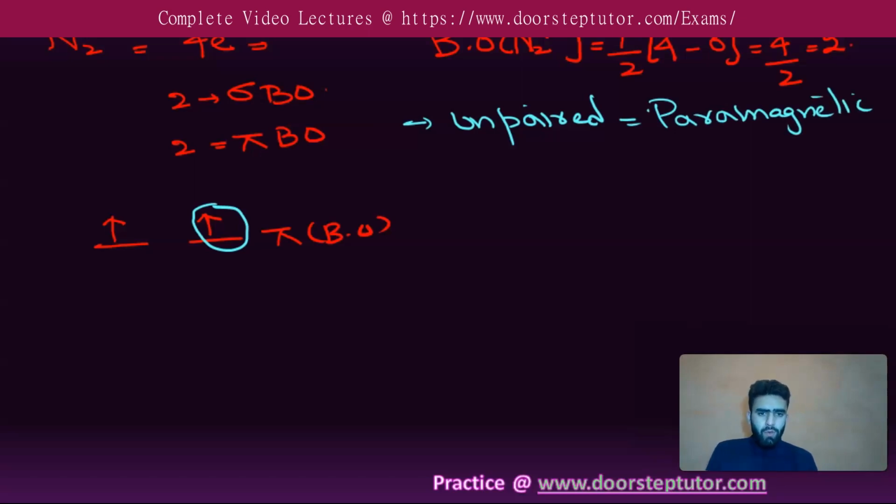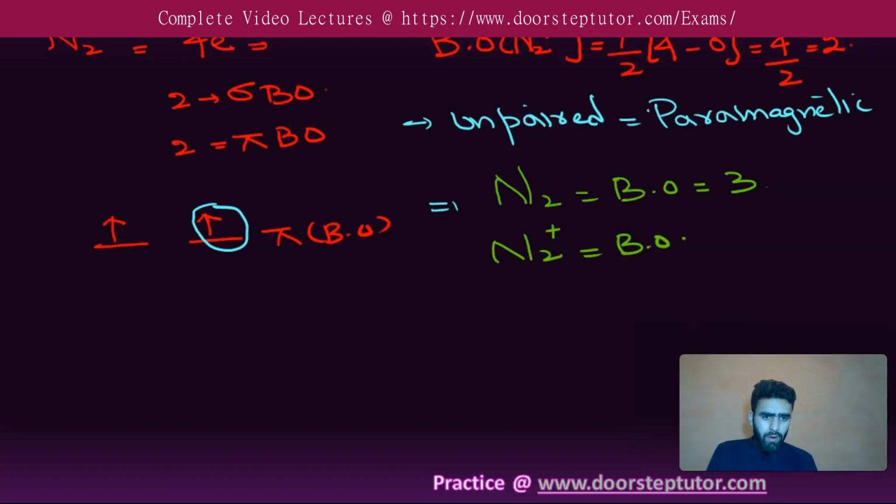So we can conclude that N2 possesses a bond order equal to 3, N2 plus has a bond order of 2.5, and N2 plus 2 has a bond order of 2.